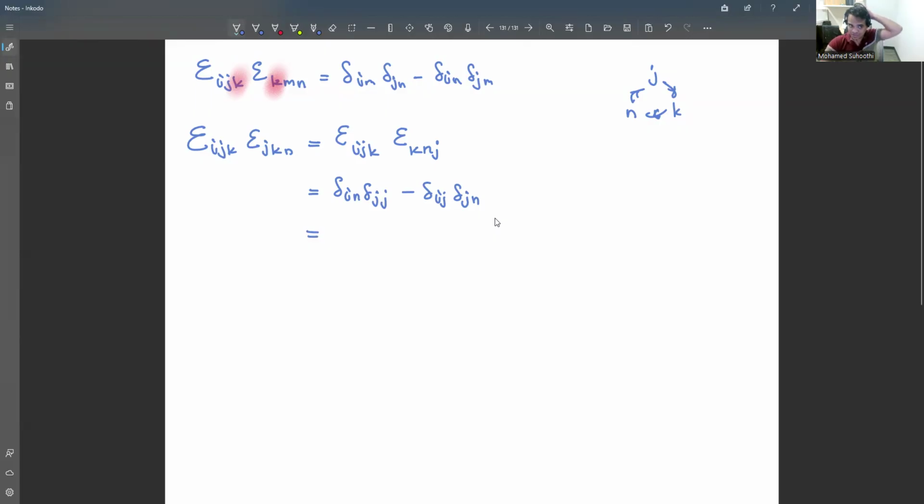Now delta JJ is 3, so 3 delta IN minus delta IJ delta JN. Applying the property, J is common, so you can write delta IN. So 3 delta IN minus delta IN will be 2 delta IN, right?